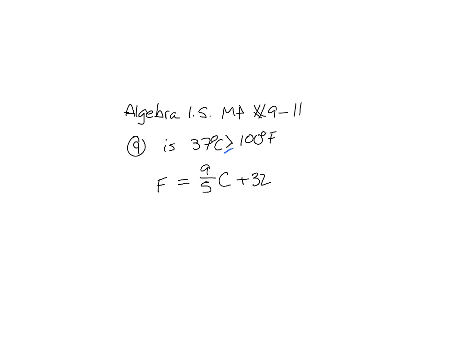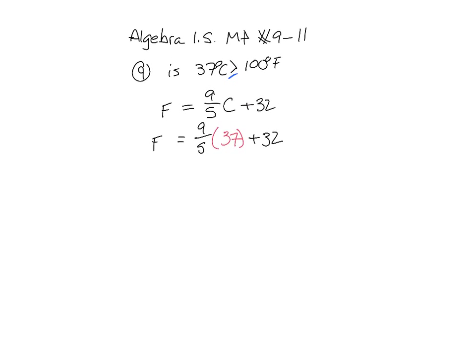So Celsius is 37, and that's 9/5 times 37 plus 32 equals F. Now, a little trick when you're multiplying by fractions: 37 times 9/5 could be kind of complicated, but really it's just 37 times 9 divided by 5. Okay, so we're going to get out our calculator.